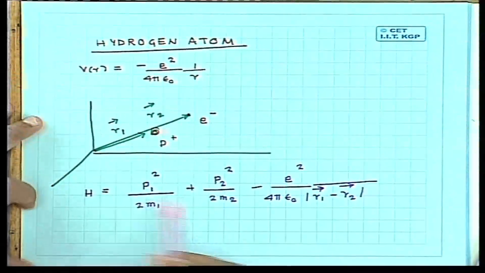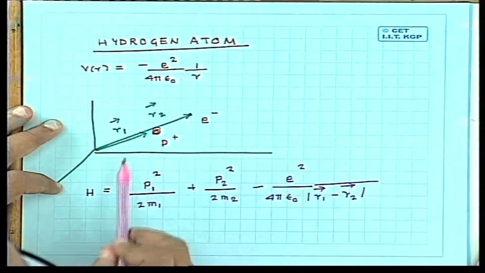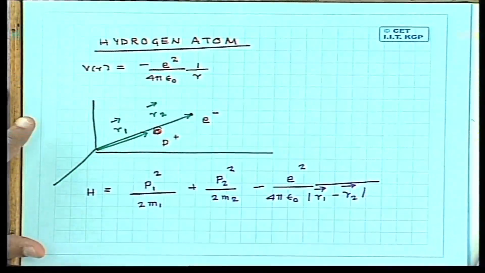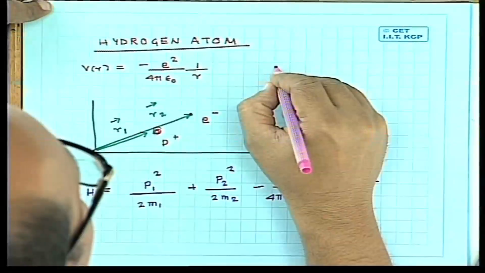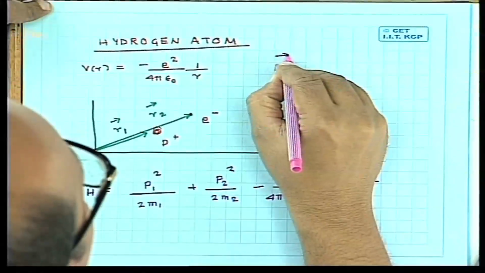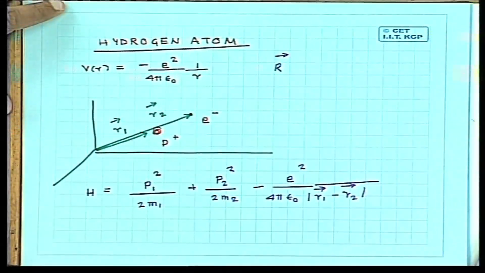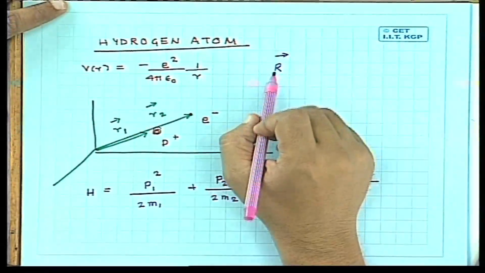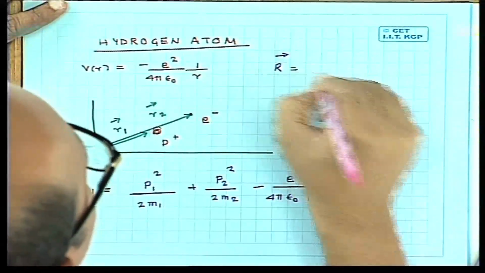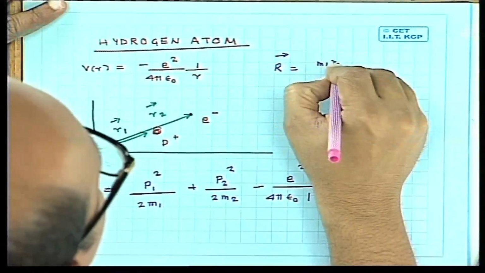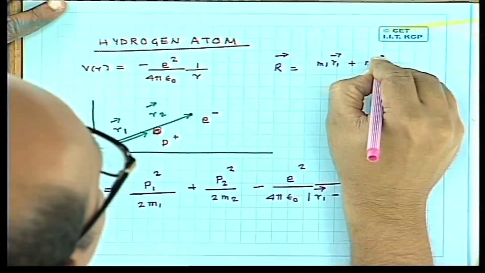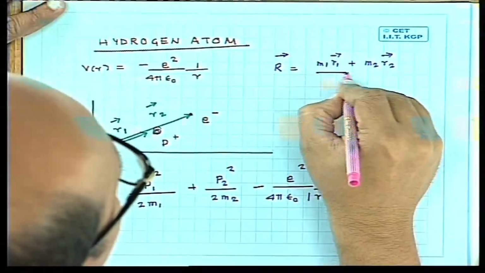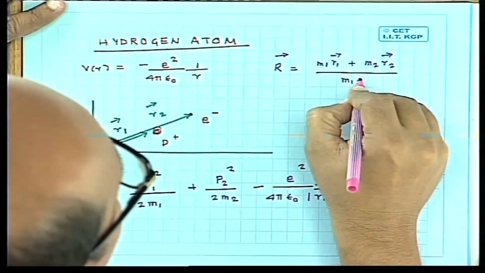Now, instead of using this set of coordinates, it is convenient to introduce some different coordinates. These different coordinates are the center of mass position R, so this is the center of mass. So, this will be m1 r1 plus m2 r2 by m1 plus m2.